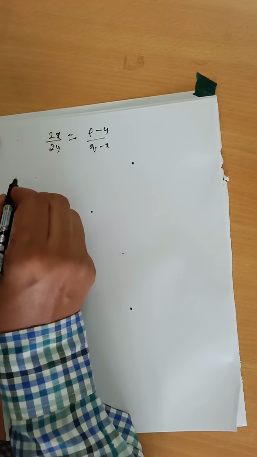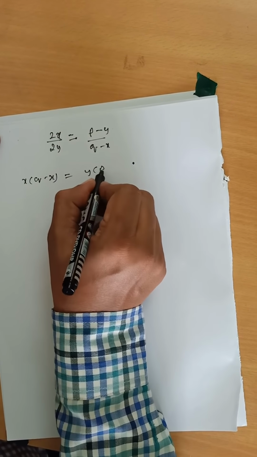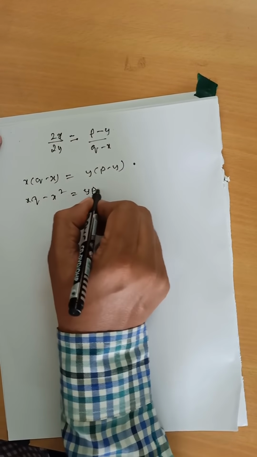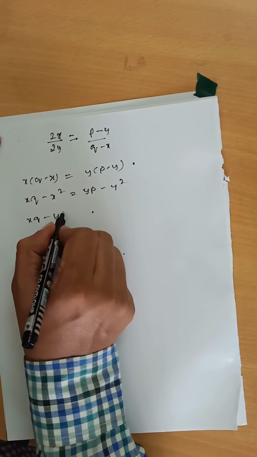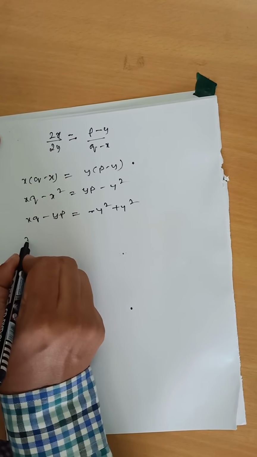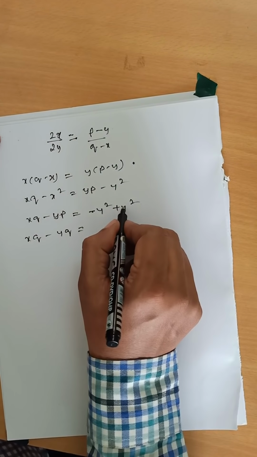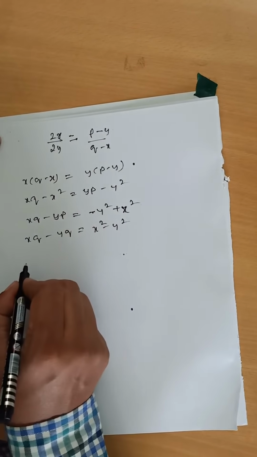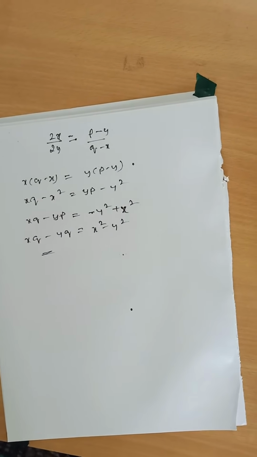You write one more step, the 2 cancels, and x square minus y square is the required partial differential equation by eliminating arbitrary function.